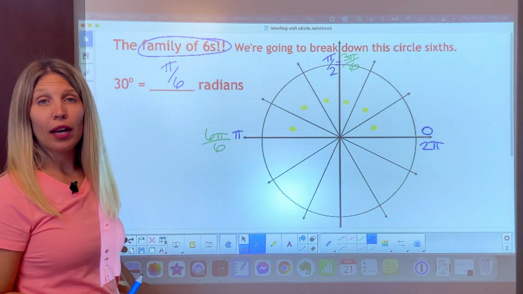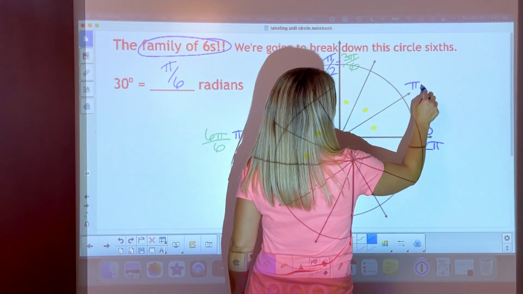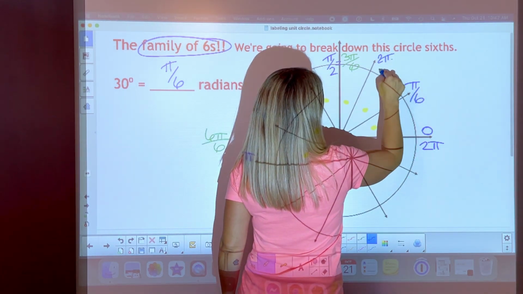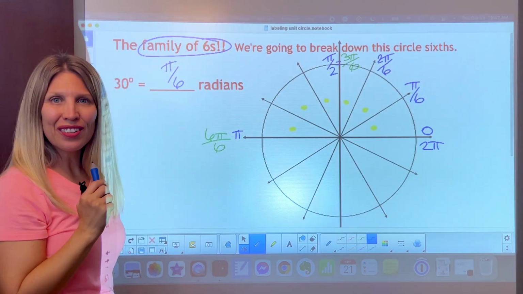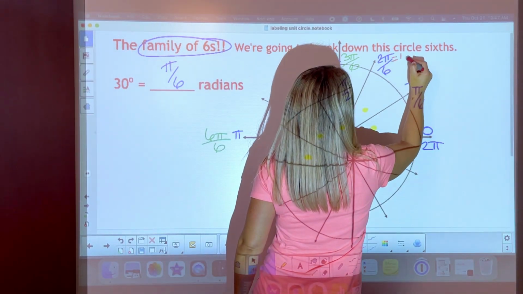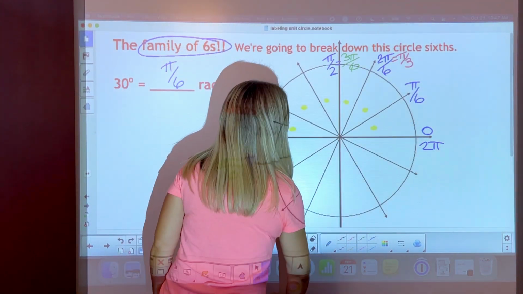So now we can go ahead and label in terms of pi over 6. So now we have pi over 6, that's 1 pi over 6. We have 2 pi over 6. Oh, do you see something with that? This will reduce to pi over 3. Oh, very interesting.